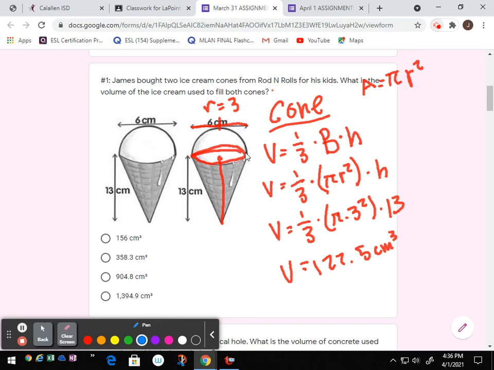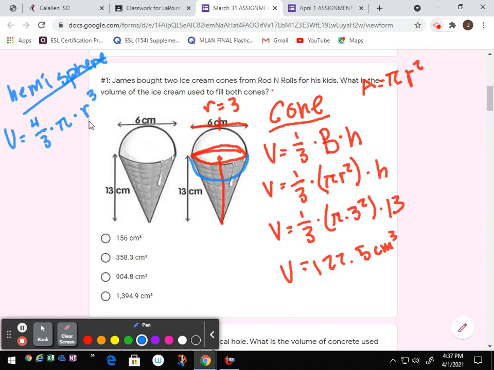Now we need to find the hemisphere. We know a hemisphere is half of a sphere, so we need to find a whole sphere of ice cream first and then divide it by 2. So for the hemisphere, our volume formula is volume is equal to 4/3 times pi times the radius cubed.